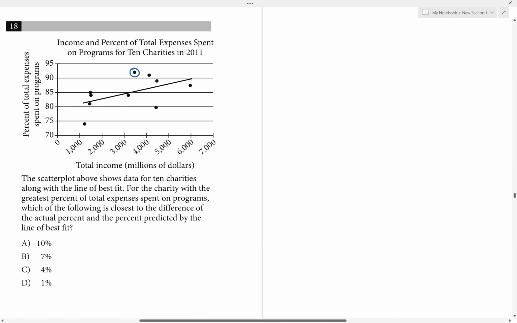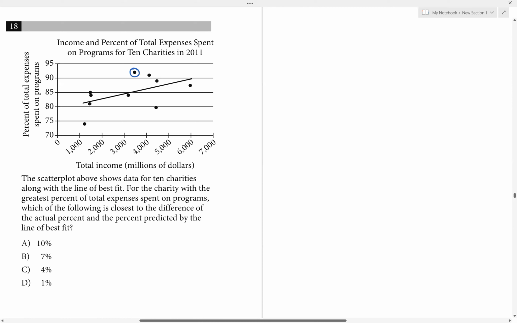For this point, the question is which is closest to the difference of the actual percent and the percent predicted by the line of best fit. Remember, for a scatter plot, the dots are the actual data points, and the line of best fit is like a model, our prediction.